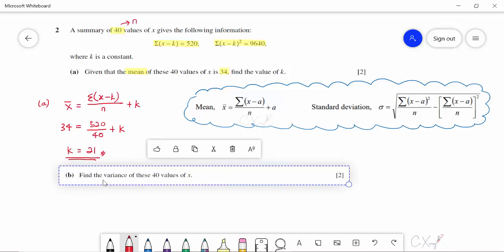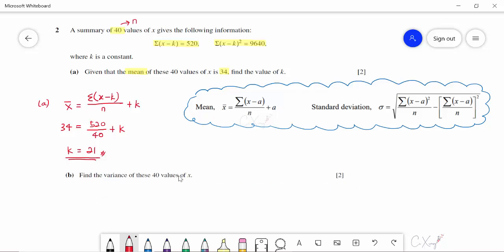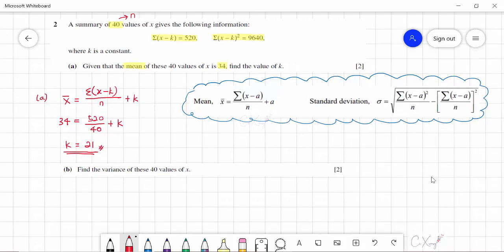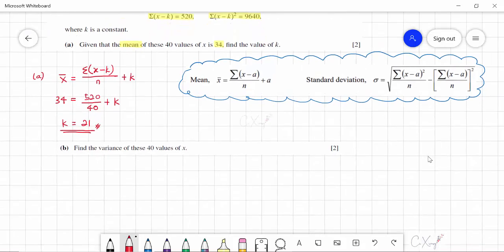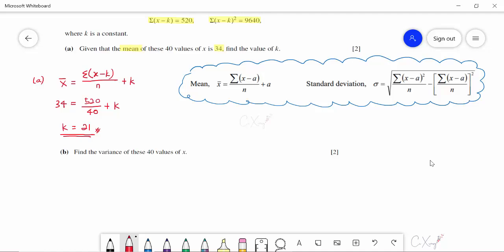For question number B, they want you to find the variance of these 40 values of x. Again, the correct formula for the variance is actually this one. The formula shown here is actually the standard deviation. So if I want to find out the variance, you no need to show the square root. To get the variance, what is the correct formula here?